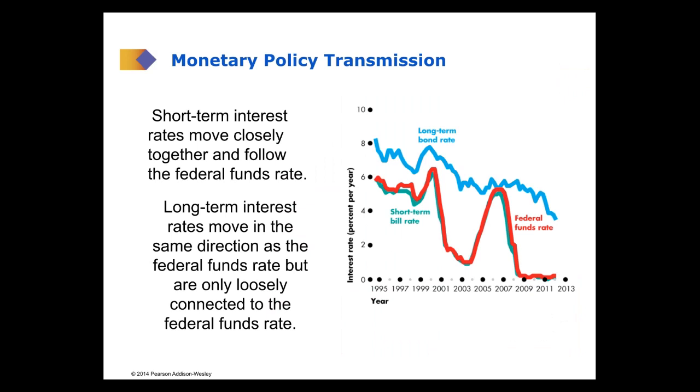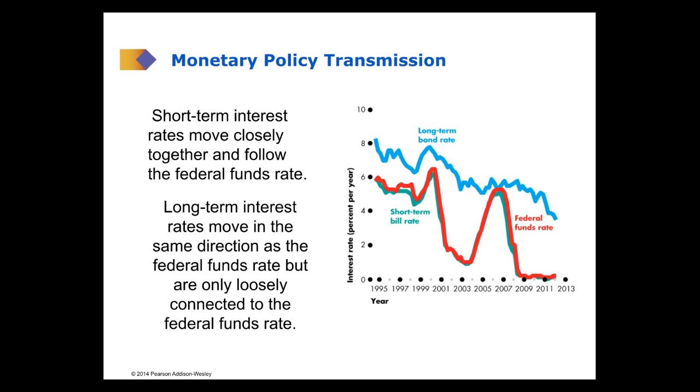And so the Fed controls the target federal funds rate, and that's the lever that they work with, the target, and they conduct open market operations to bring the actual federal funds rate in line with the target federal funds rate. But many of the interest rates that affect the economy are not the federal funds rate. The federal funds rate is the rate that the banks use to loan between each other. But what about the loans that the banks make to businesses or consumers, or the many other loans they make?